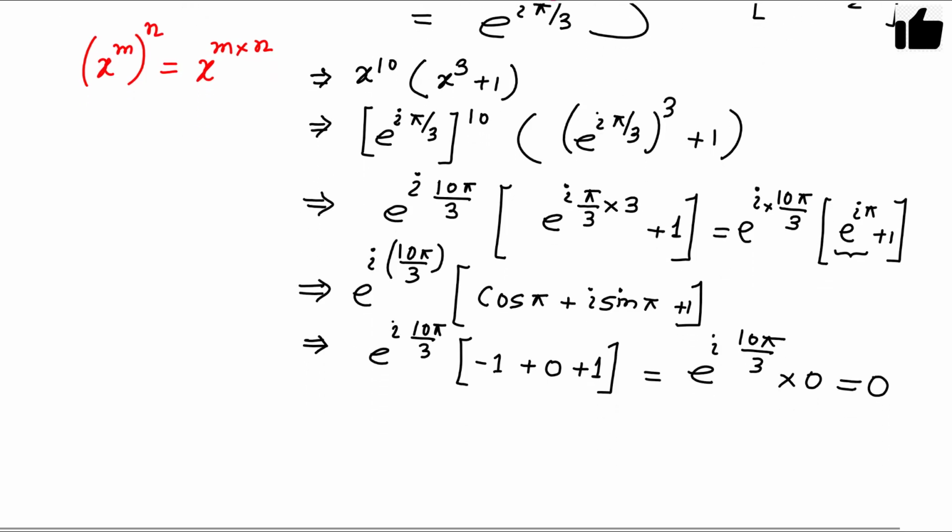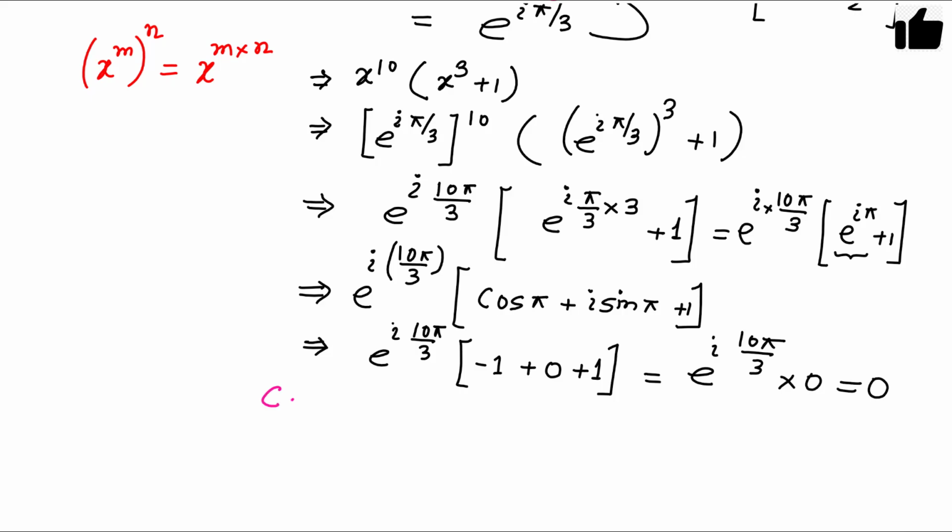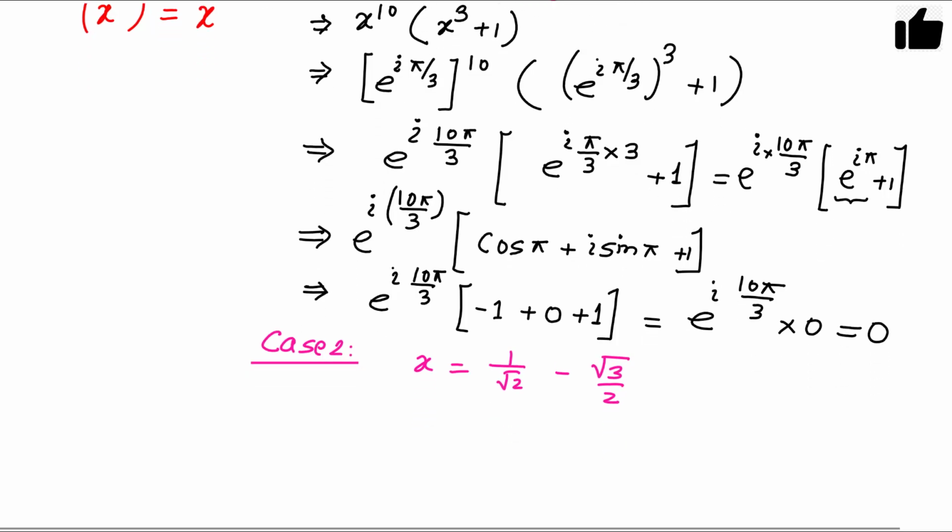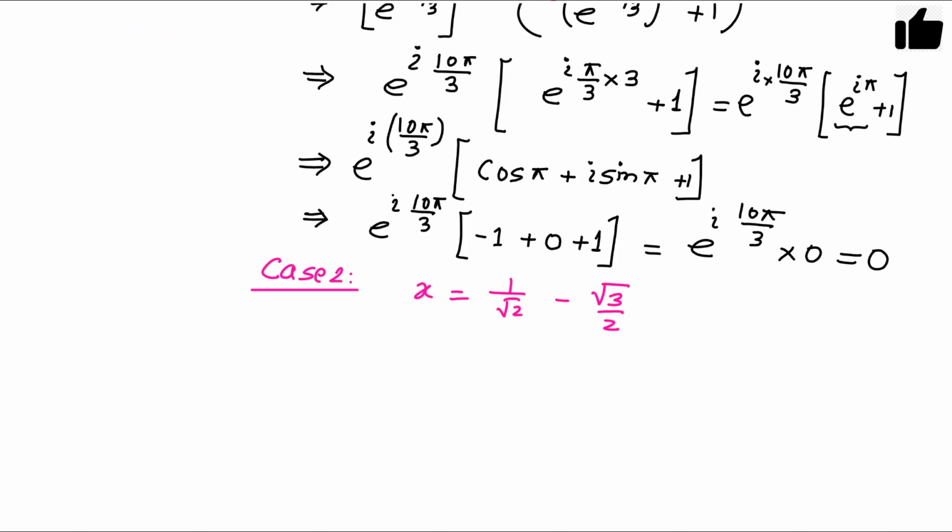Similarly, for the second root, that is the negative case, you can show the same thing. So the second root was x equals 1 by 2 minus root 3 by 2 i. So how can you write it in terms of sine and cos? So you can write this time x as cos of minus pi by 3.